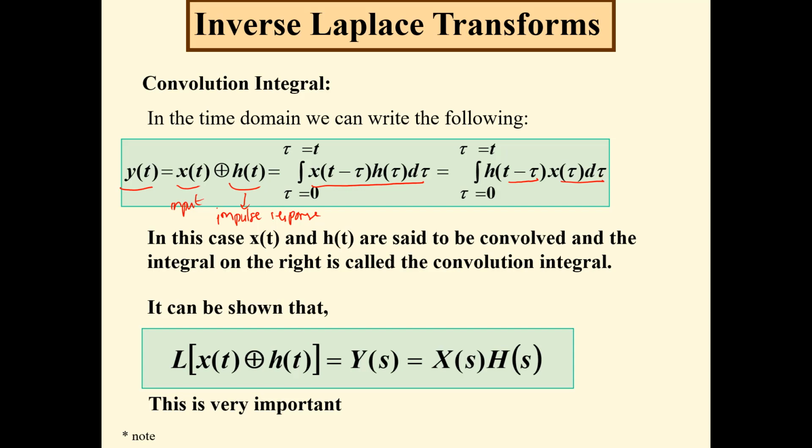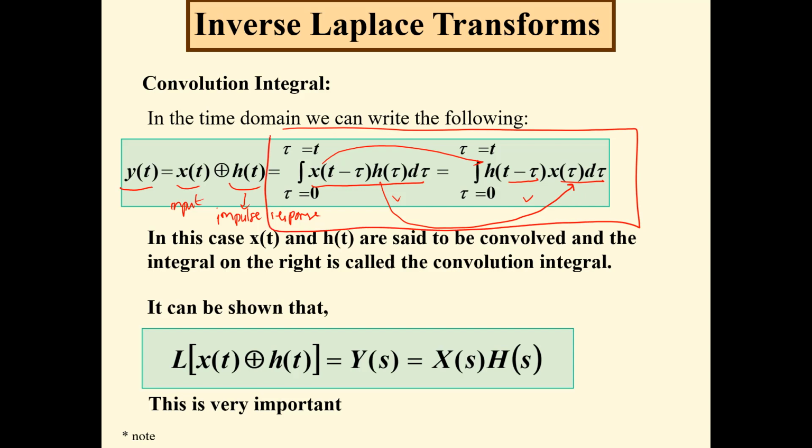So this is similar. We can use the first one, or we can use the other one. The difference is we change from x to h here, and h to x here. So in this case, x(t) and h(t) are said to be convolved, and the integral on the right here is the convolution integral.